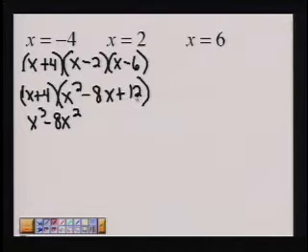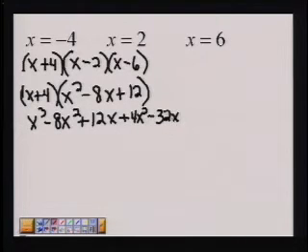X times 12 is 12x, plus 12x. Now I'll do 4 times x squared is 4x squared. And we'll do 4 times -8x is minus 32x. And 4 times 12 is plus 48.